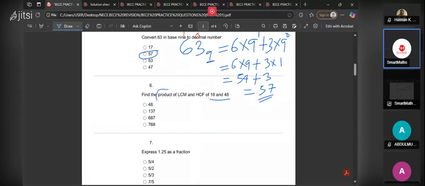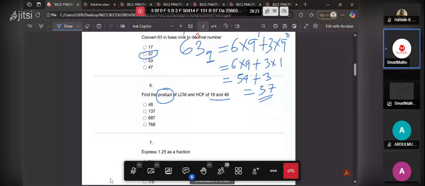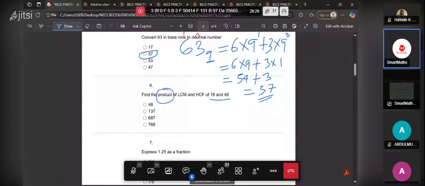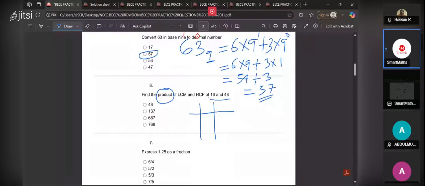You then multiply the answers for LCM and HCF. So we're going to start with HCF using your normal method. You have 16 here, you have 48 here. When you are looking for HCF, you use a common factor that can go into both numbers.